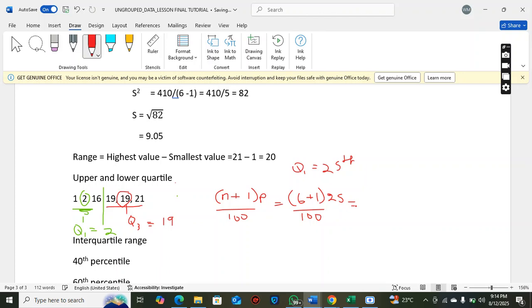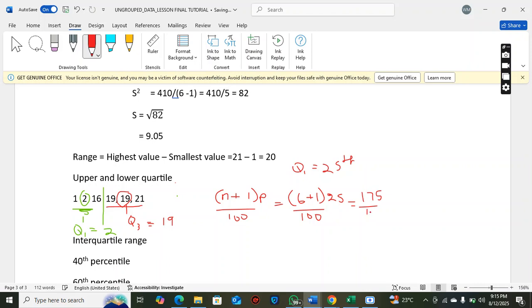So 6 plus 1, that is 7. 7 times 25, 175.